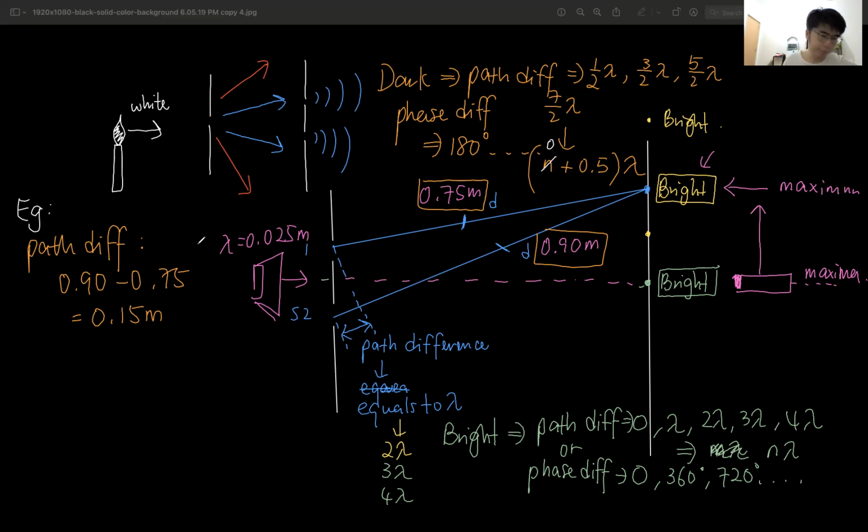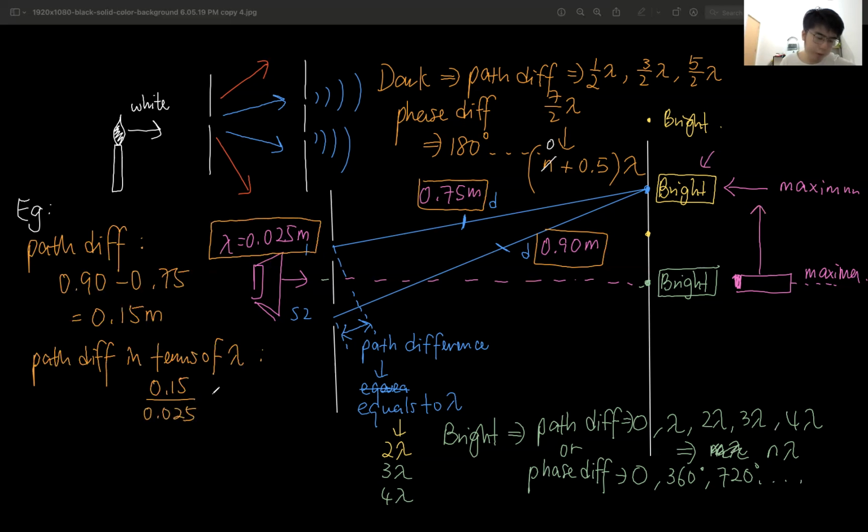What is the wavelength? The wavelength is given here, 0.025 meter. We want to find the path difference in terms of wavelength. We know the path difference is 0.15, but how many wavelengths is that? We divide it. So the path difference in terms of wavelength: we take 0.15 divided by 0.025 equals 6 wavelength.